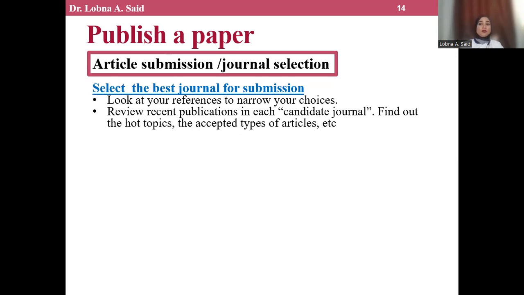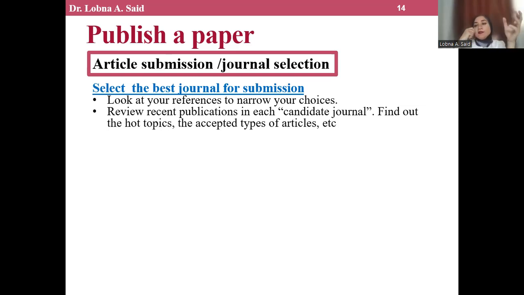We are now moving to another interesting topic, which is article submission and journal selection. How to select the best journal for submission. First, you already have a literature, so you know where other people are publishing their work.